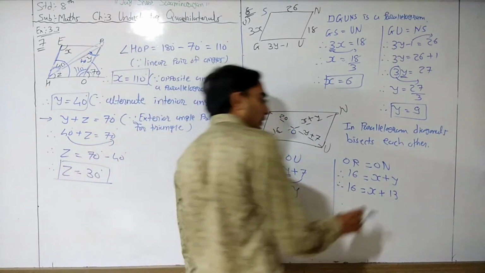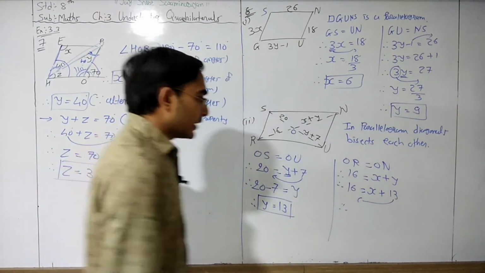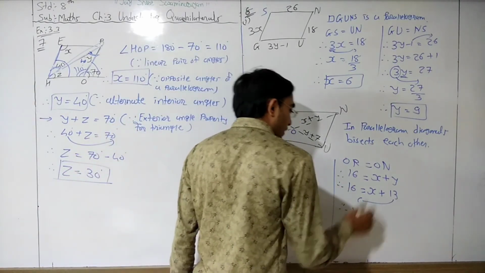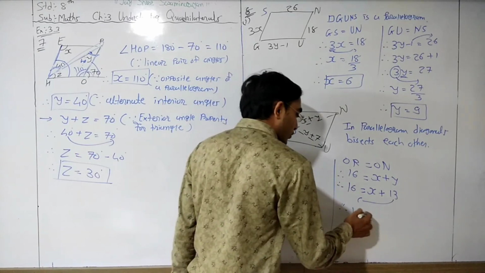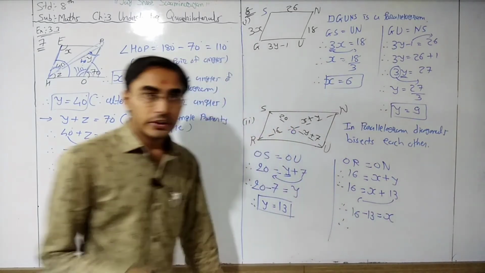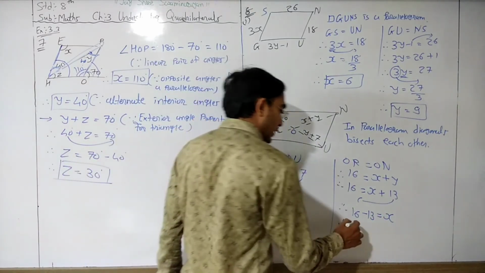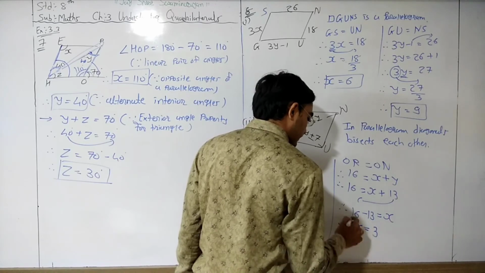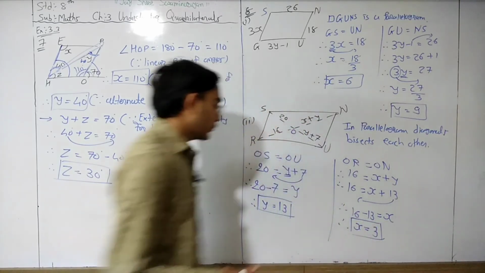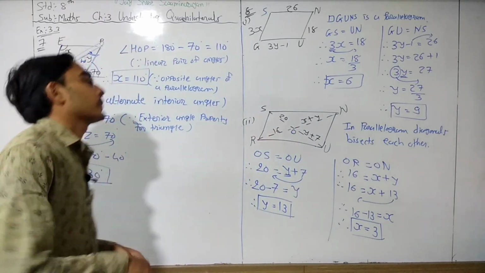Now for finding the value of x, transfer this 13 to the left hand side. It becomes minus 13 is equal to x. So x is equal to 16 minus 13, x is equal to 3. So these two are our answer: y is equal to 13 and x is equal to 3.